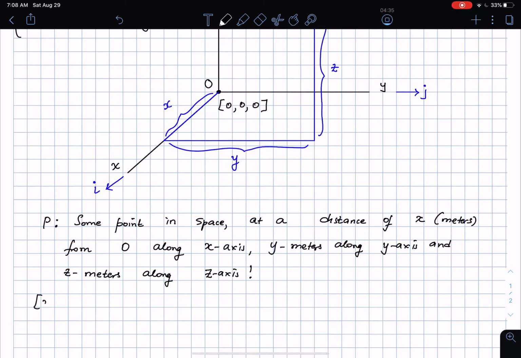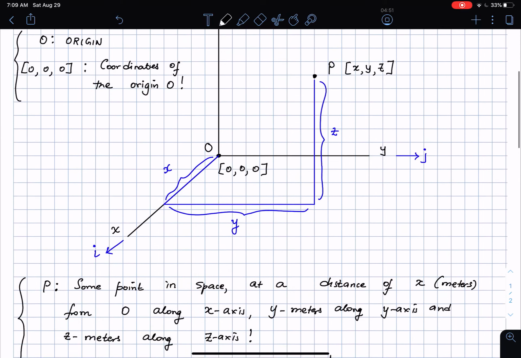And x, y, and z are the coordinates of point P. So this is the information for point P. Likewise, we had information for the point O as well.